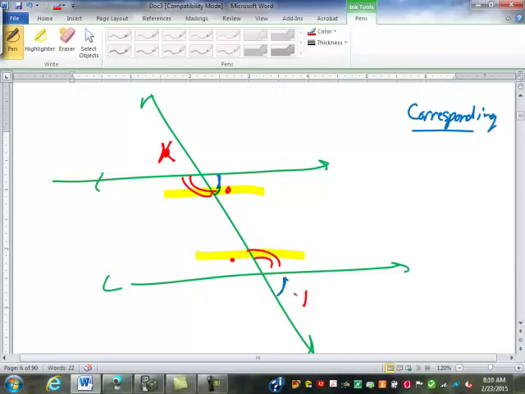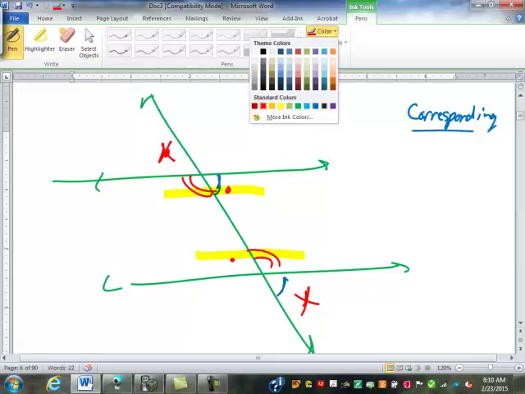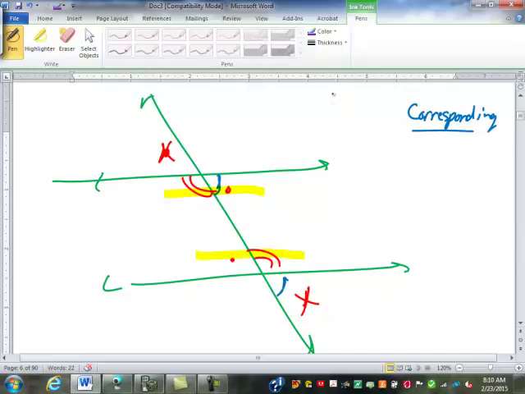Right down here. It's on alternate sides of the transversal, and it's on the exterior. What do you think the relationship between those is? They're the same, yes.